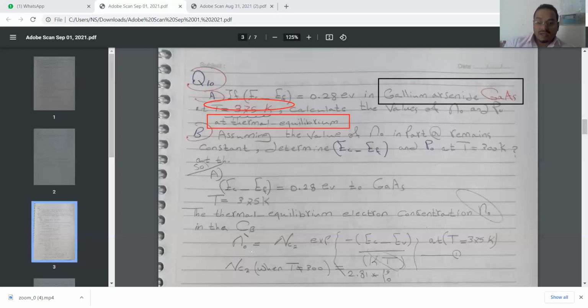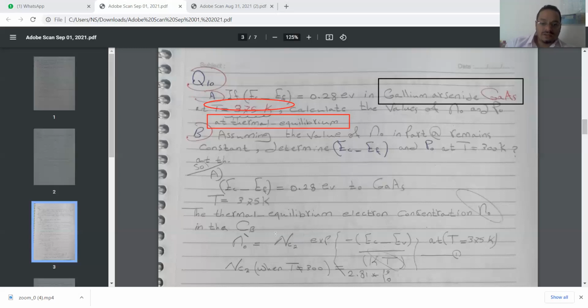I use this dash to show I'm now using another temperature, not room temperature at all. The electron concentration at the conduction band with another temperature equals the effective density NC. This is the disaster here: NC is the effective density at the conduction band, but not at room temperature. That means we have another result here, and we must calculate it again by ourselves.